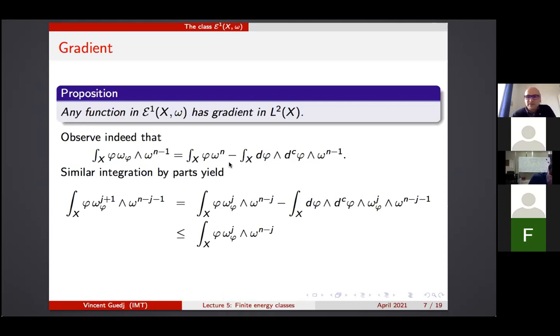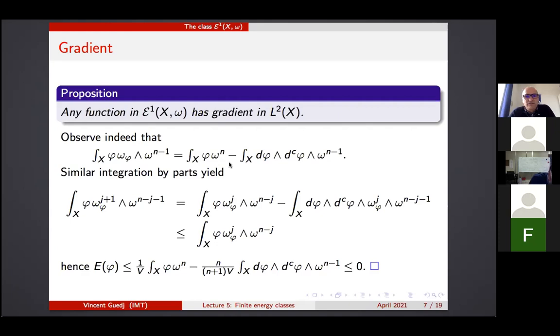So if you put all these inequalities together, what you end up with is the fact that the E functional is bounded from above by the mean value of phi with respect to omega^n minus a certain multiple of the square of the gradient of phi with respect to the Kähler form omega.